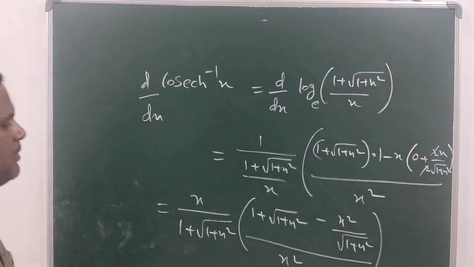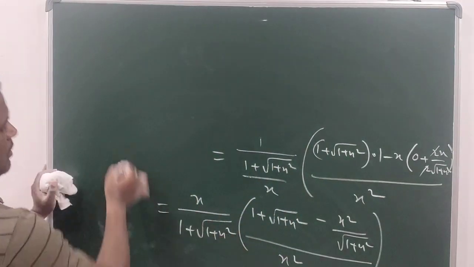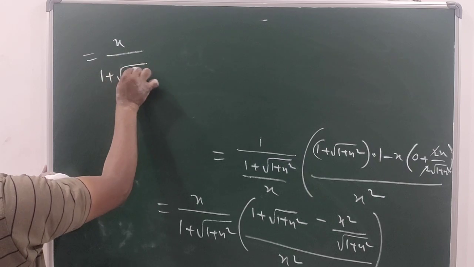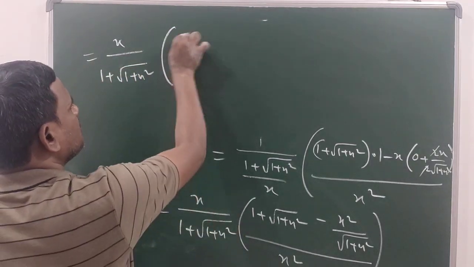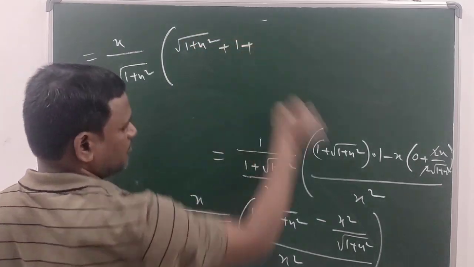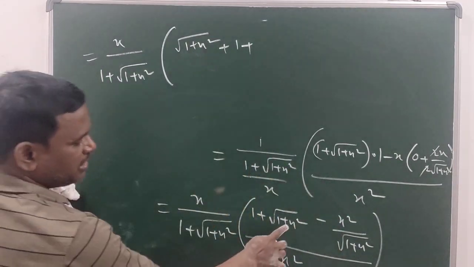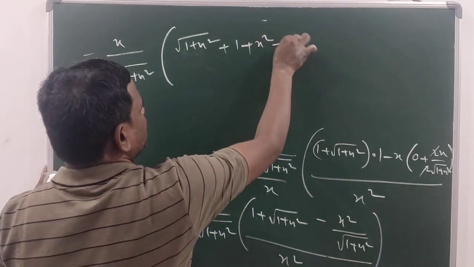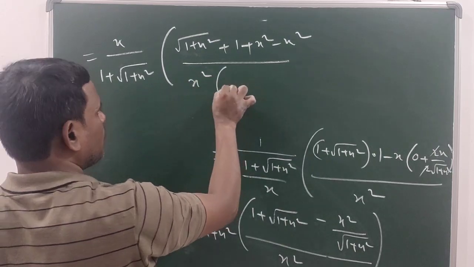So in the next step, outside x by 1 plus root of 1 plus x square. Inside, when you take cross multiplication, root 1 plus x square, and here when you take cross multiplication, 1 I am multiplying with this. Next I am multiplying these two, 1 plus x square minus x square whole by x square into root 1 plus x square.